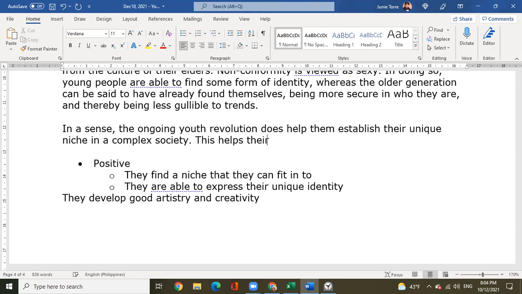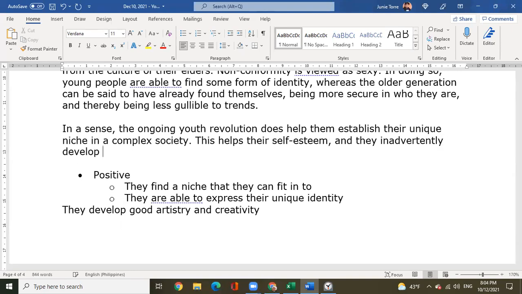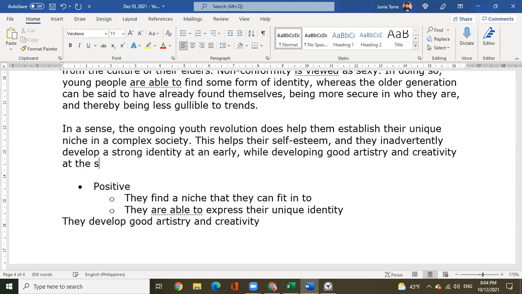This helps their self-esteem, and they inadvertently develop a strong identity at an early age while developing good artistry and creativity at the same time.